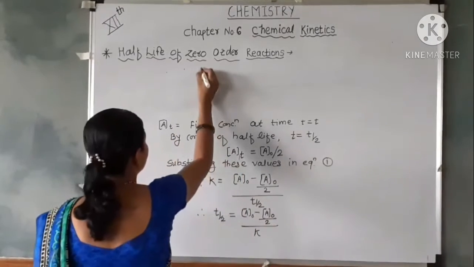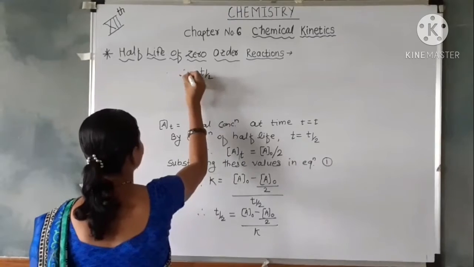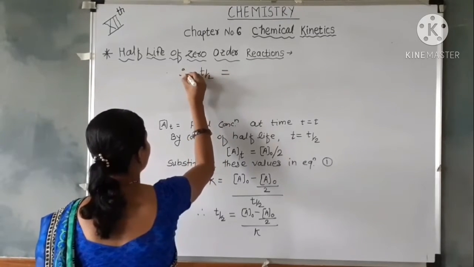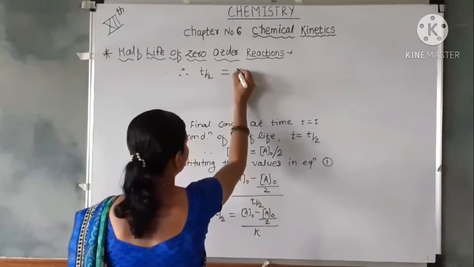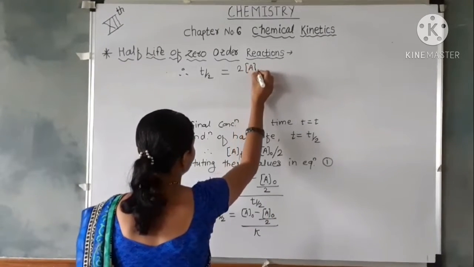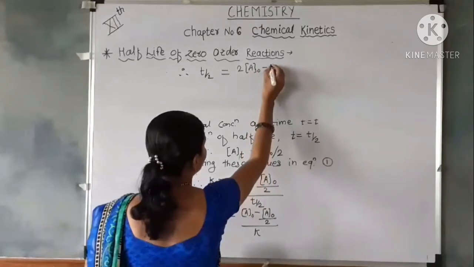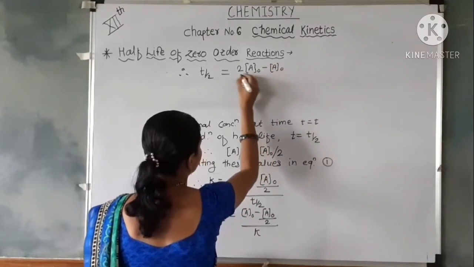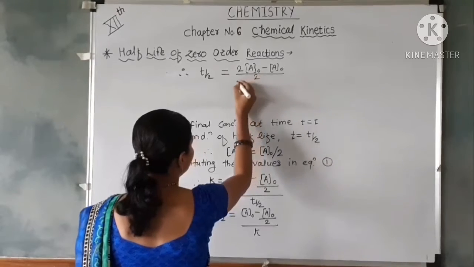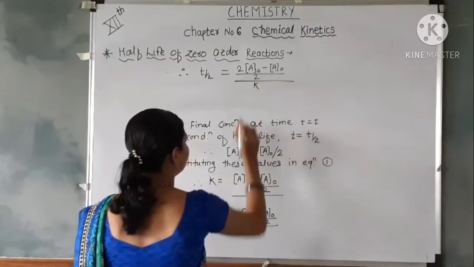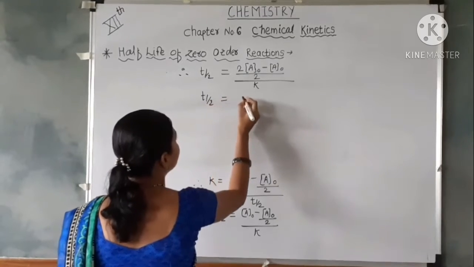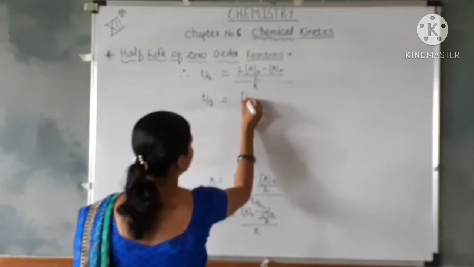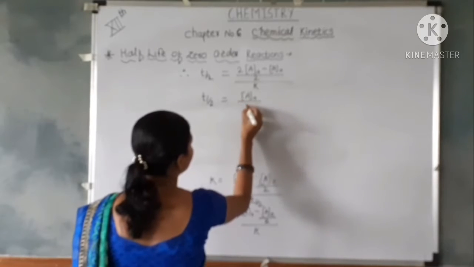Therefore t 1/2 is equal to twice [A]0 minus [A]0, upon 2, divided by k. Twice [A]0 minus [A]0 is [A]0 upon 2 upon k.